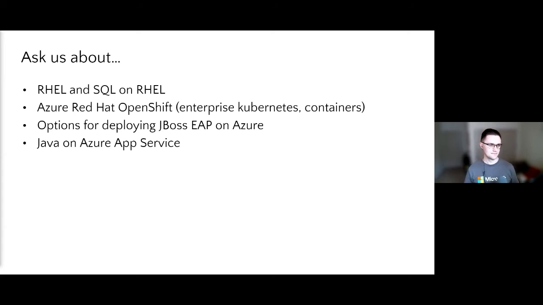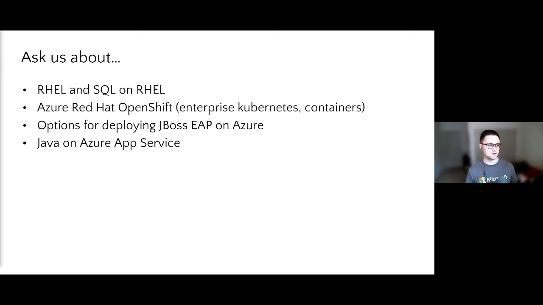Jason, this one is a question about Java. Could you talk a little bit or give us some advice on Java on Azure App Services? What are the options? Yeah, sure thing. So Azure App Service has been around for about 8 years on Azure. And for those that aren't familiar, it's a managed platform for hosting web and API applications.